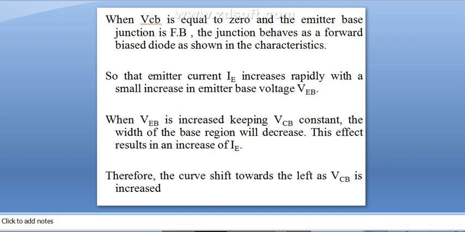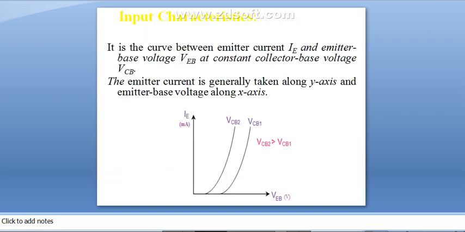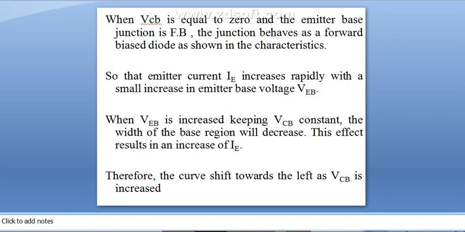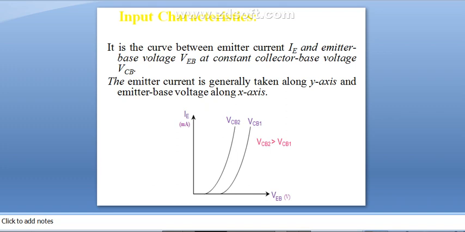So when VEB is increased, keeping VCB constant, the width of the base region will decrease. If the width of the base region decreases, the curve shifts towards the left as VCB is increased. See here, the input characteristics curve shifts towards the left as VCB is increased.